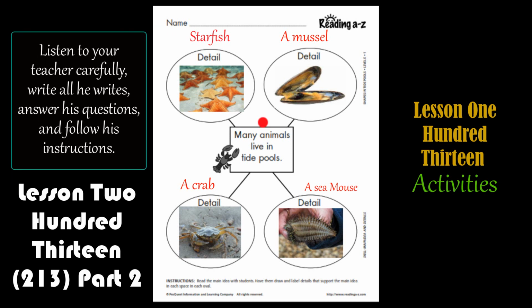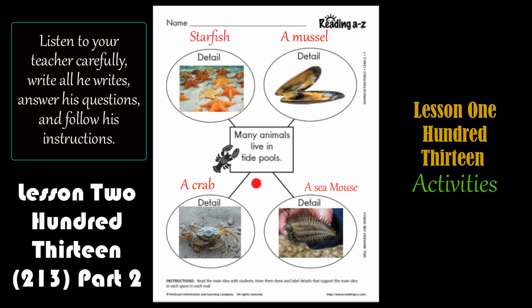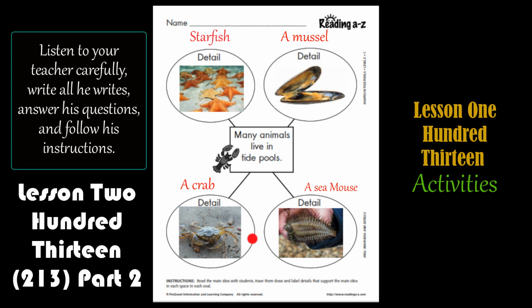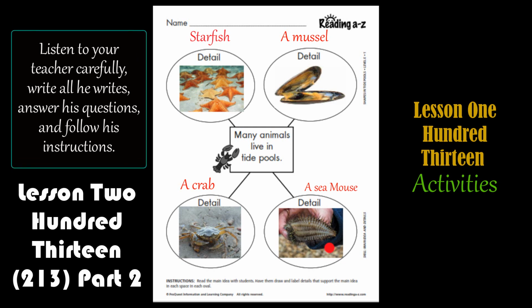Then we can say that starfish or starfishes, another way of the plural, mussels, crabs, and sea mice live in tide pools. What other animals live in tide pools?